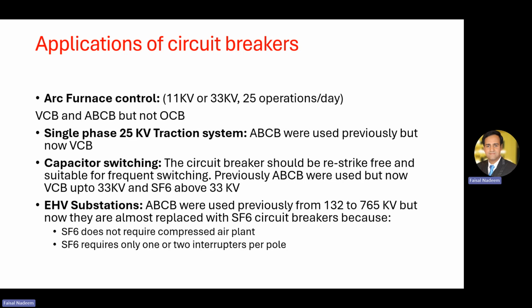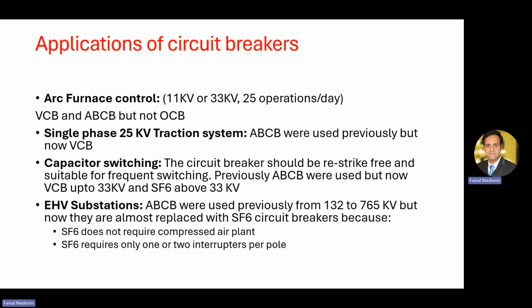Secondly, the maintenance of vacuum circuit breakers is easy. So these are the two main reasons because of which vacuum circuit breakers are being used instead of the ABCB. But in the older ones, we use the ABCB circuit breaker.